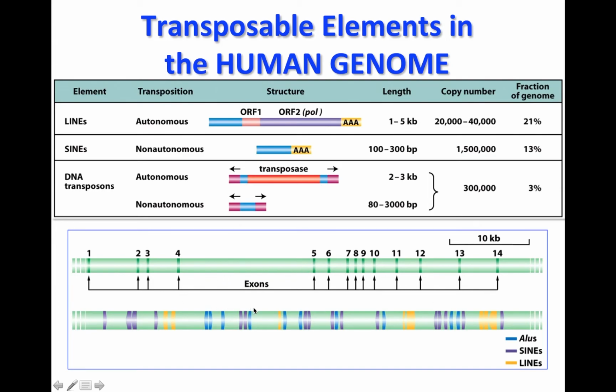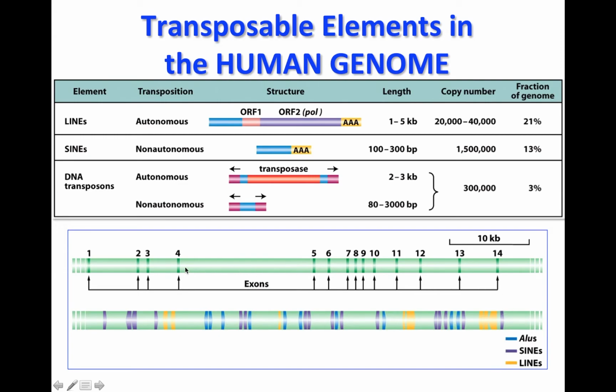So here's an example of an organization of some of the transposable elements within a gene. The dark green here are exons. The light green areas are introns. And the purple, blue, and yellow elements here are Alu elements, other SINEs and LINEs.